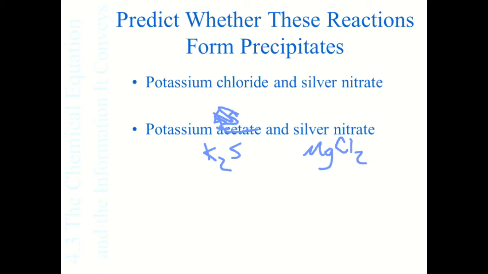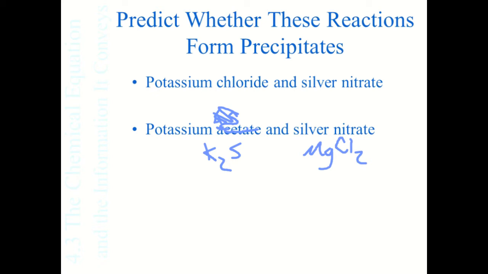Okay, so this is what I would do. I would start by writing the ions above each of those, to identify what the ions are, and then switch the partners. It's a double replacement reaction. What are the potential products of that reaction? And then go back and determine whether they are soluble or insoluble. So write down these two examples, and I'm going to go back to the other page.